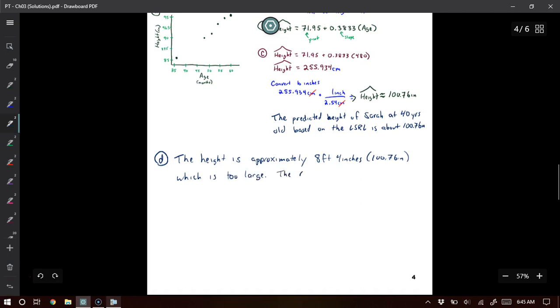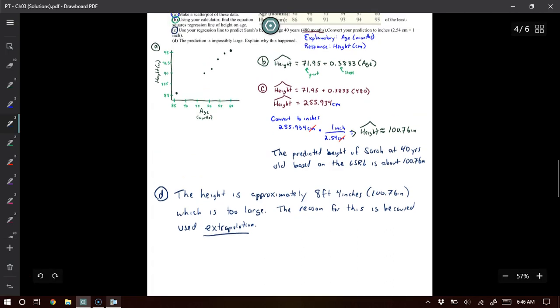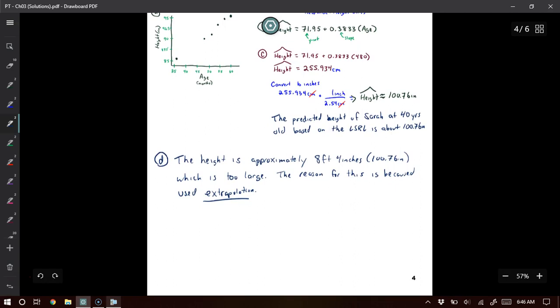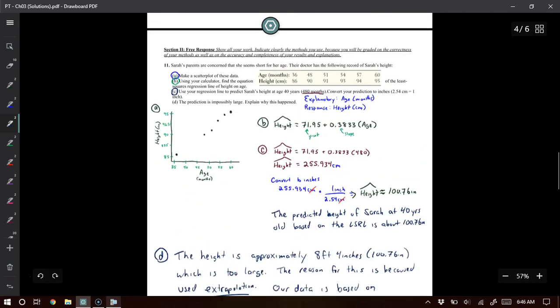And the reason for this is because we used extrapolation. Now we can always just say, well, we used extrapolation, and we could stop there, but you have to be able to explain what you mean by extrapolation. The linear pattern is not going to extend out to 40 years, 480 months. Our data is based on the age.